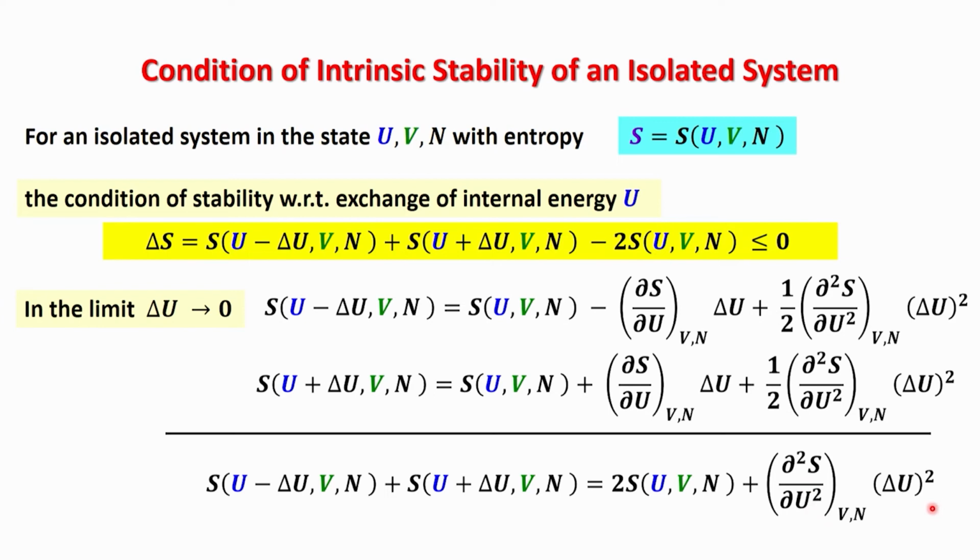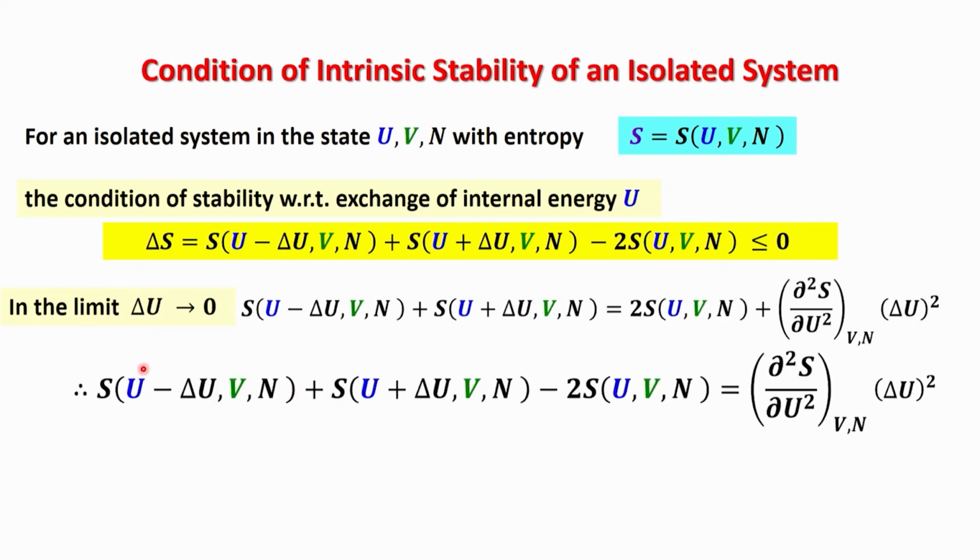Now you see, if I compare this equation with the earlier equation, I have an analog of this global condition in the limit delta U tending to 0. And therefore, I will find that S(U minus delta U, V, N) plus S(U plus delta U) minus 2 times S unperturbed is directly dependent on the local curvature of the curve S when plotted as a function of U, multiplied by delta U whole squared.